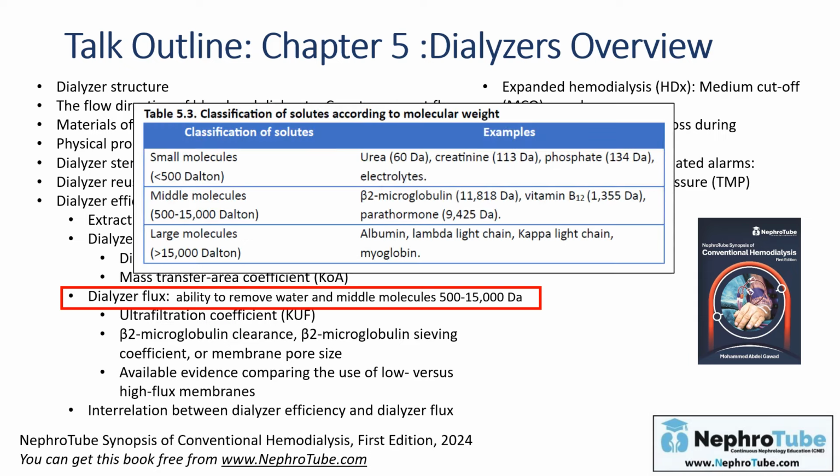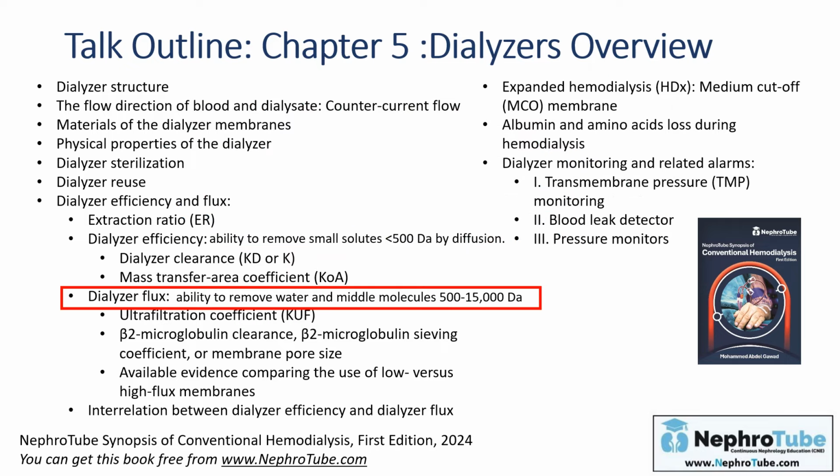We mentioned before the classification of molecules, and the most important middle molecule here from 500 to 15,000 is the beta-2 microglobulin. And for a sort of revision, again, we mentioned that dialyzer efficiency is the ability of the dialyzer to remove small solutes by diffusion. But now we are talking about dialyzer flux, which is the ability of the dialyzer to remove water and middle molecules.